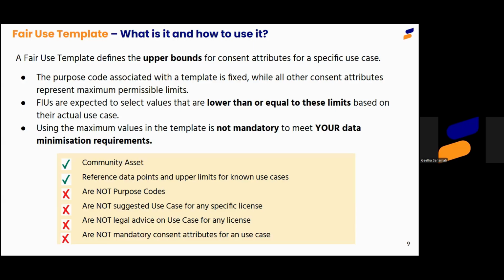So these are actually created by various councils, and the council constituted members from the ecosystem itself. So the FIUs themselves came together to decide on the purpose and to agree on what should be the maximum limit that is needed for each of these use cases.